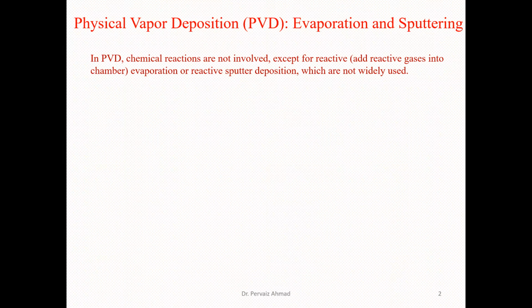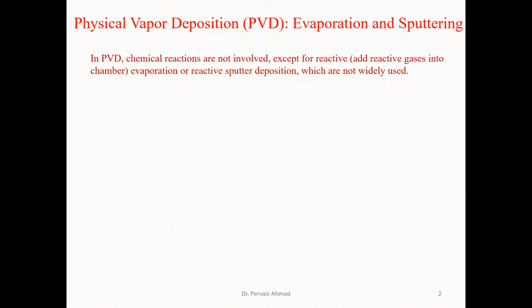Before going into the details of evaporation, let's first discuss the basic types in which evaporation is included. You know that at the start of thin film deposition, we said that we have two main techniques.